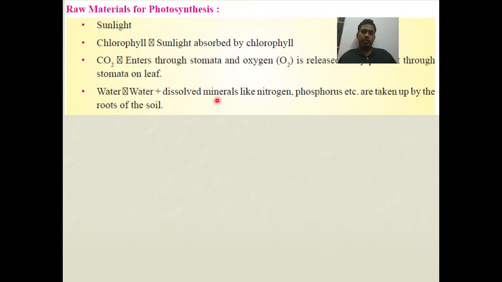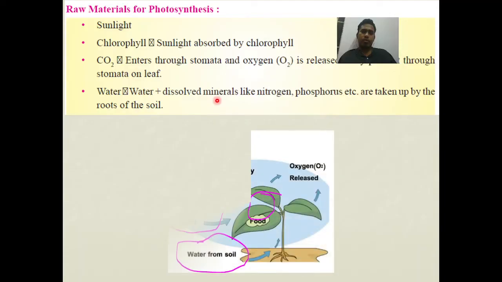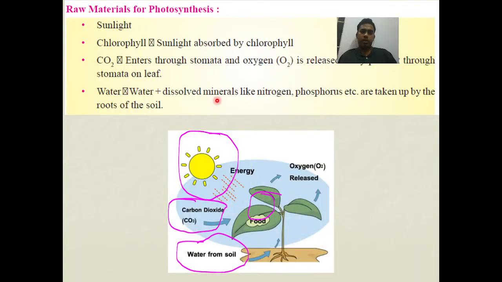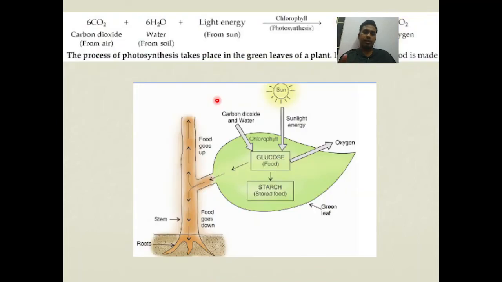So let us understand this through a very good picture. I will move on to the next picture, which gives you a better idea. Here the plant has fixed its roots into the soil very firmly. As a result, it will be absorbing the water.